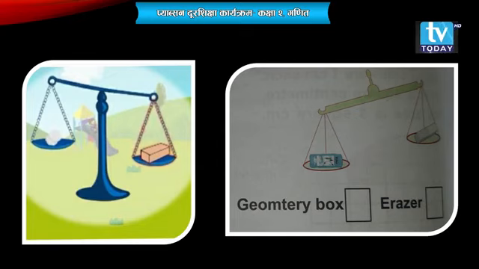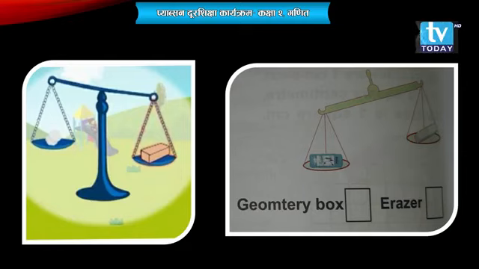Is the eraser heavier or the geometry box? Okay, I heard it. That means it's the geometry box, right? The geometry box is heavier than the eraser. So, you have to write H for the geometry box side, and for the eraser side, you have to write L.